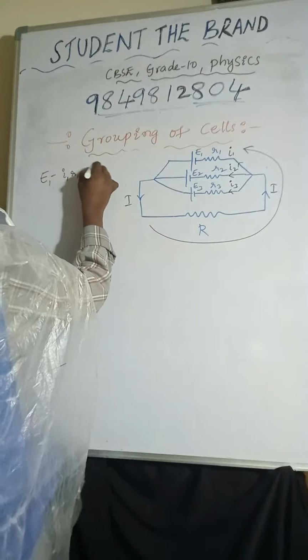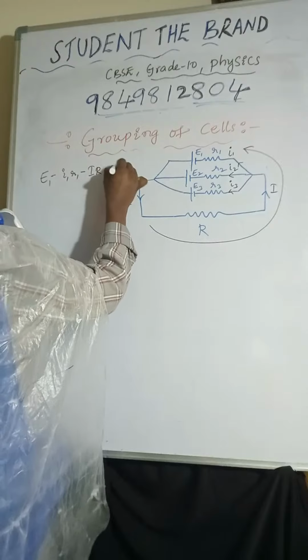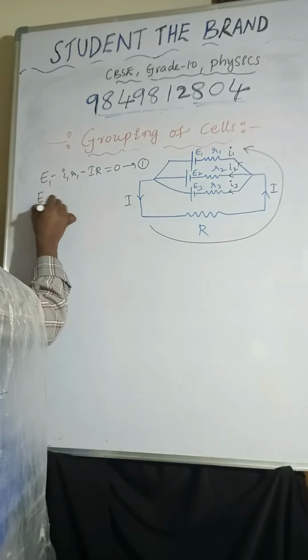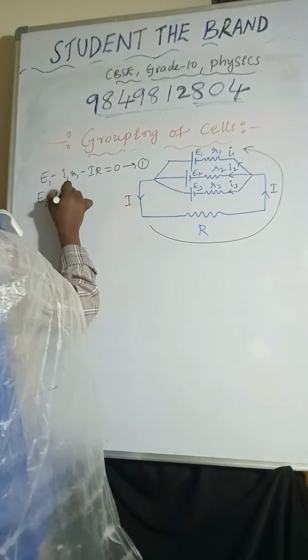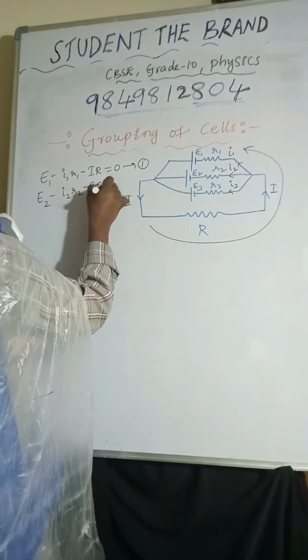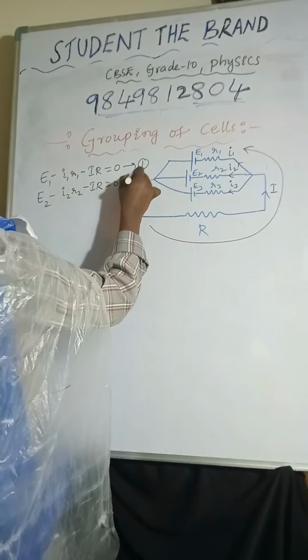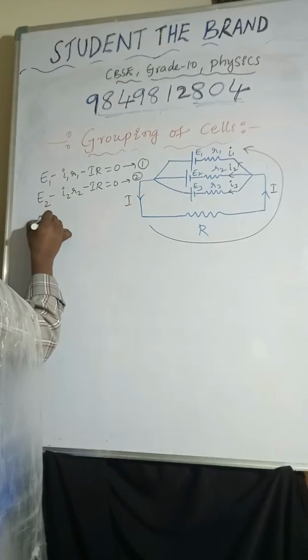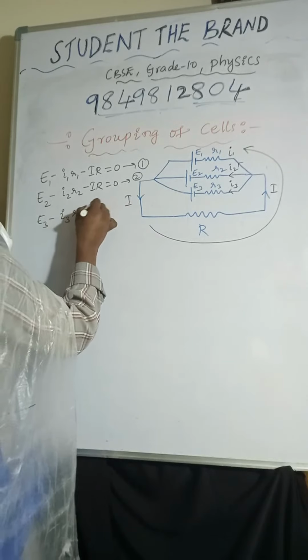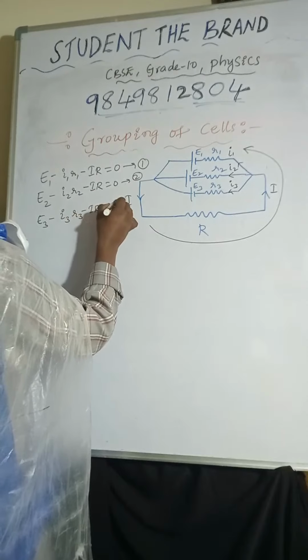That is E1 minus I1 R1 minus IR equal to 0, equation 1. Coming to equation 2: EMF E2 minus I2 R2 minus IR equal to 0, equation 2. And E3 minus I3 R3 minus IR equal to 0.